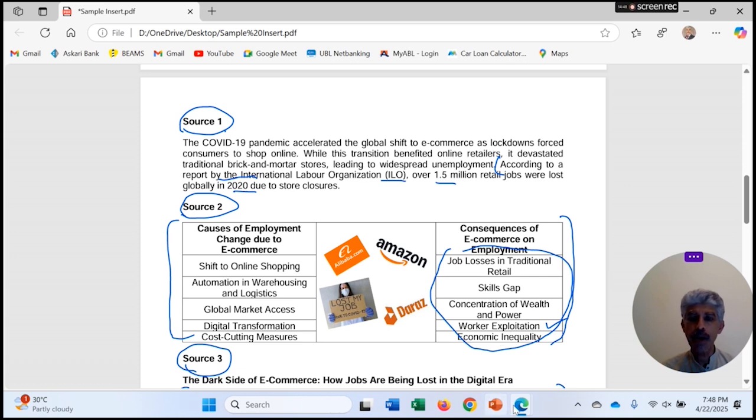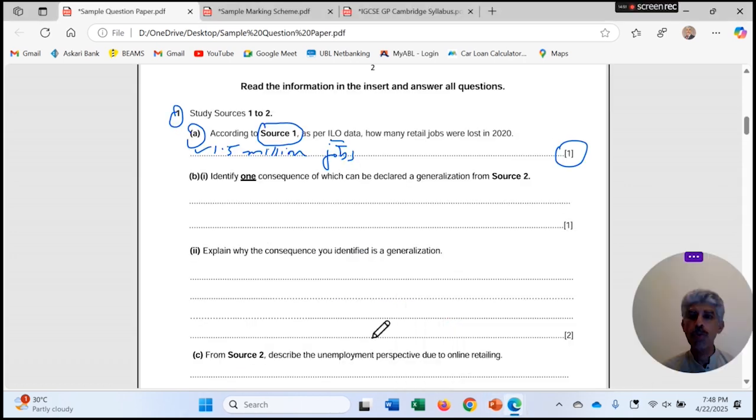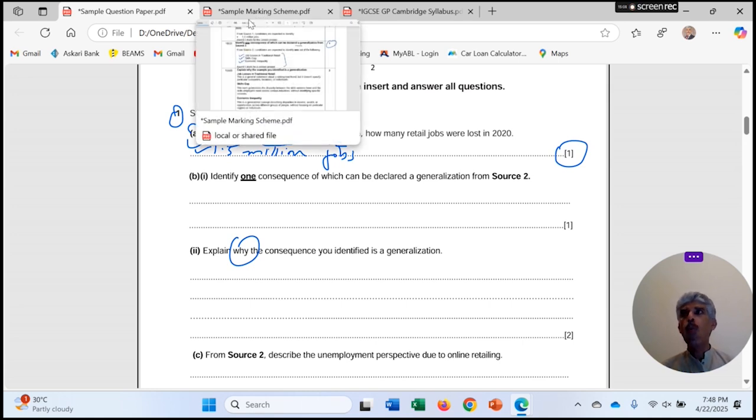But in the second part of the question, they are supposed to give justification why this particular word or phrase or sentence they have picked is considered a generalization. So one thing I say, if I say that over here in Pakistan everybody is struggling financially, I'm going to give you one statement.